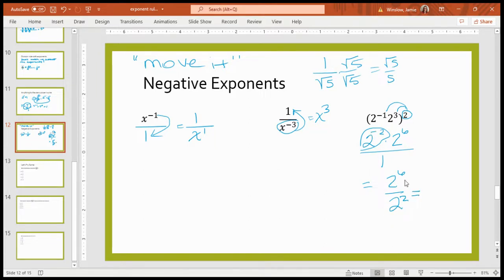And look, we can keep going and subtract. 6 minus 2 is 4. We're done. So the rule for negative exponents is you move it. And we can talk about why in person because it's a lot more fun to explain that in person.